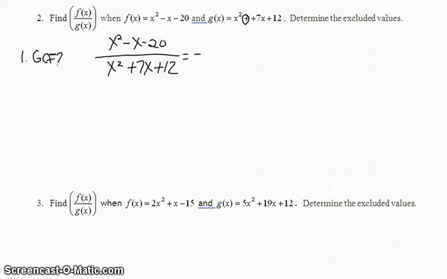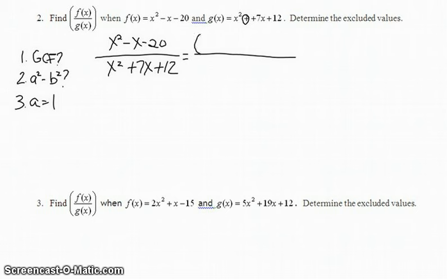Do I have a greatest common factor? No. Is it special? Is it the difference between two squares? No. Does my coefficient on that squared term equal 1? Yes, that's the one I'm going to do.